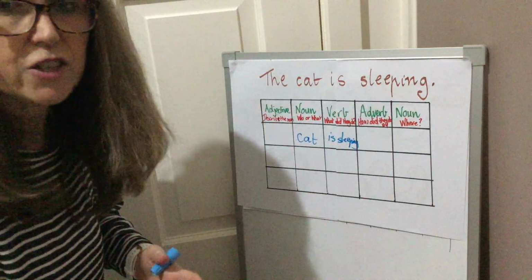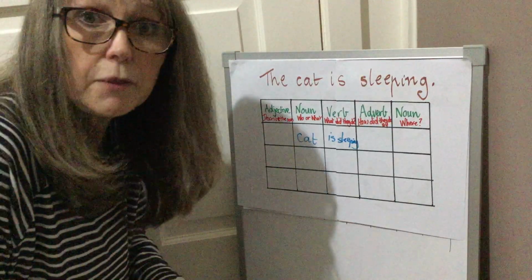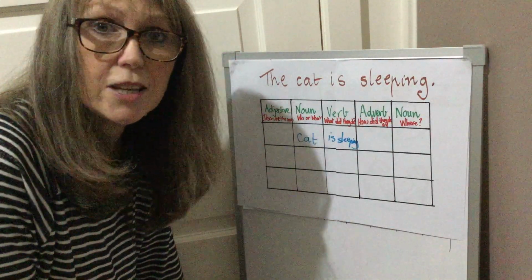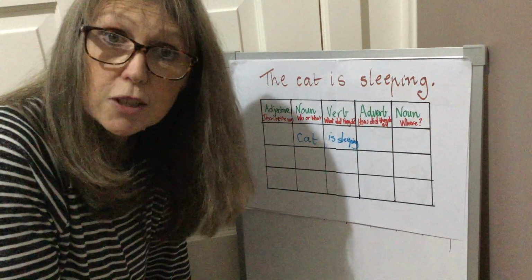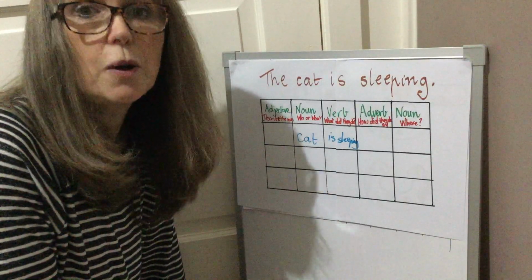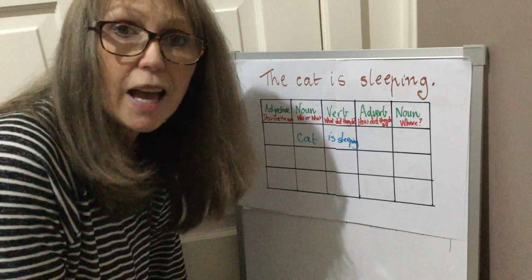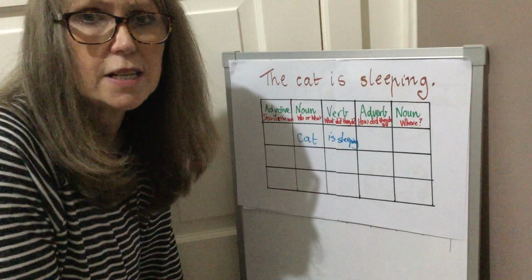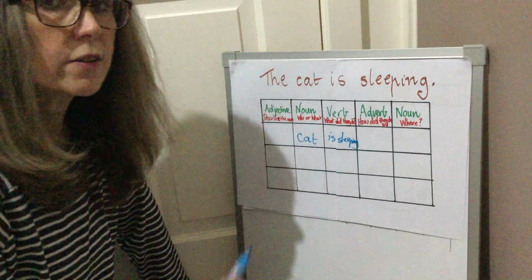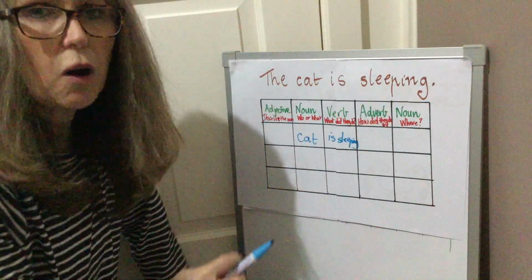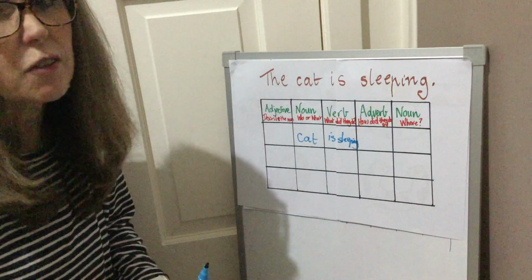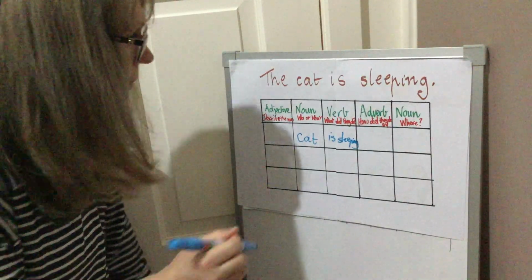And this is an adjective. Some of you will remember we have talked about adjectives before. Adjectives add to the noun. They tell us what kind of noun it is. In this case, what kind of cat. So I'm going to write 3 ideas of the type of cat it could be.